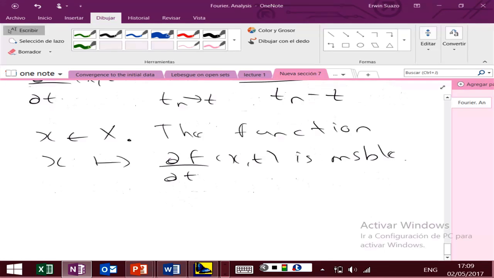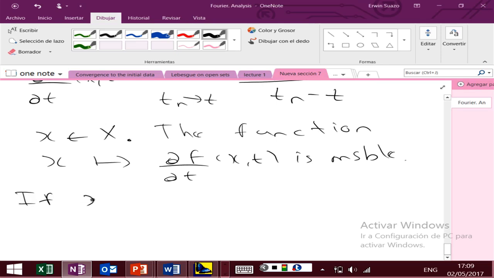So now we start with the proof. If you think about it, the main ingredients you will have to identify, but then you have to write all these little details just to make sure it's correct. So this is the proof.